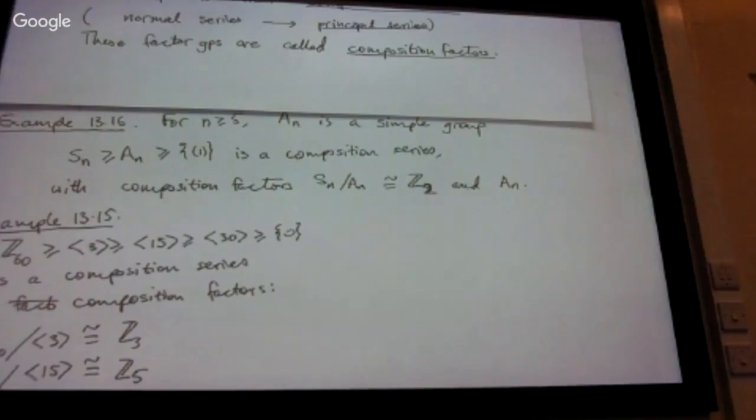And the last one is Z2. It can't be anything else. There's no big proving that it's these.